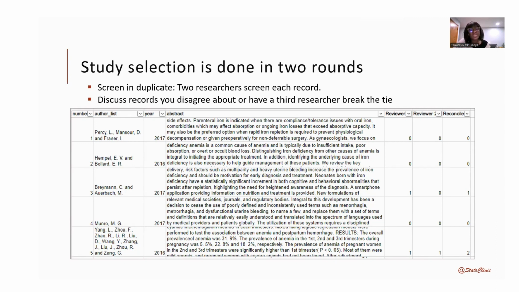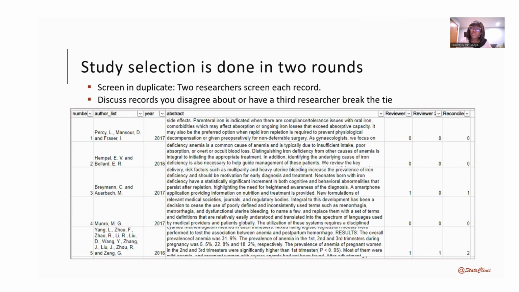Because what person A sees as yes, the next person might see as no. So let's imagine we're two: researcher one, and you, researcher two. We both look at the same number of papers, read their abstracts and check their titles. You and I would do that individually, and I will make my own independent decision. You make your own decision as to whether we should include the study or not.